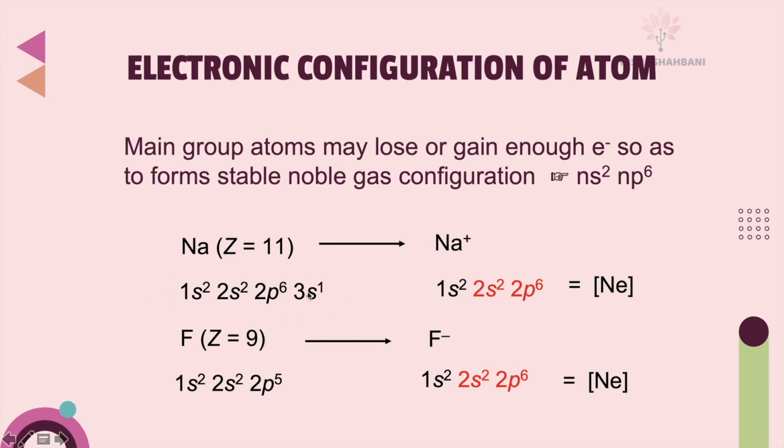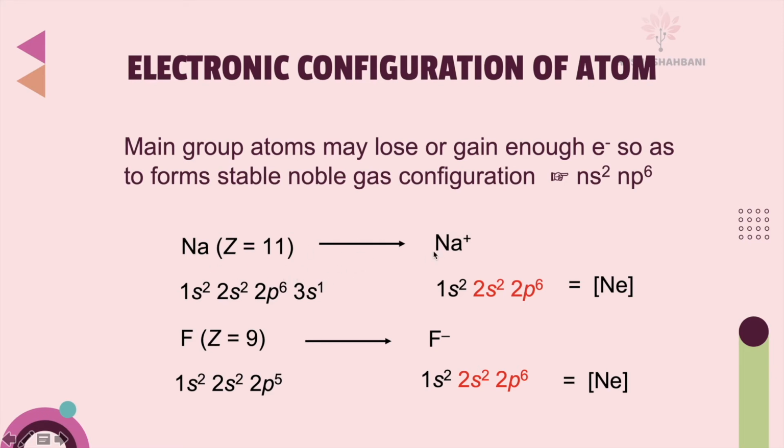In order for this atom to achieve a stable octet electron arrangement or noble gas configuration, it must lose one electron.